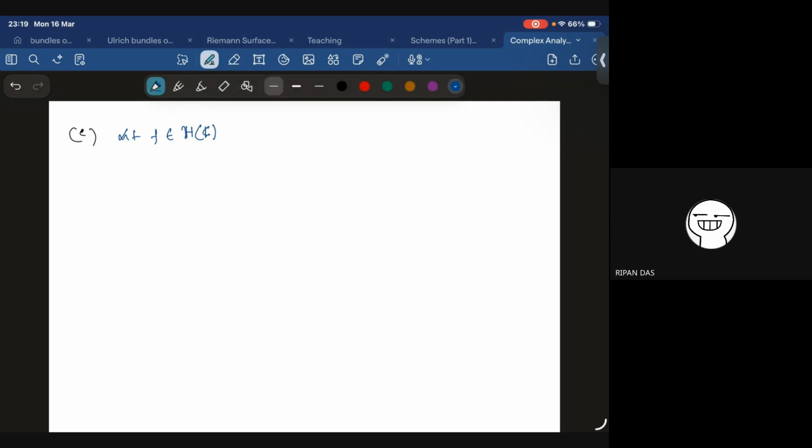Not using power series, let's write it this way.